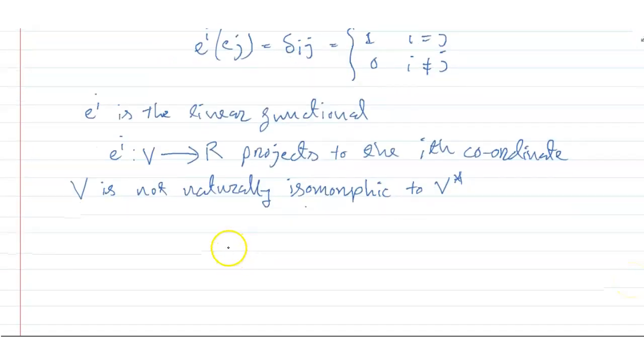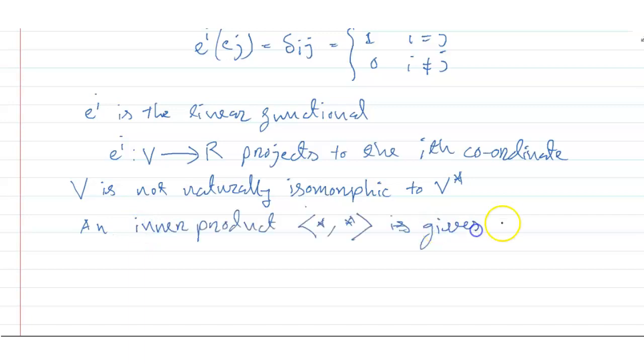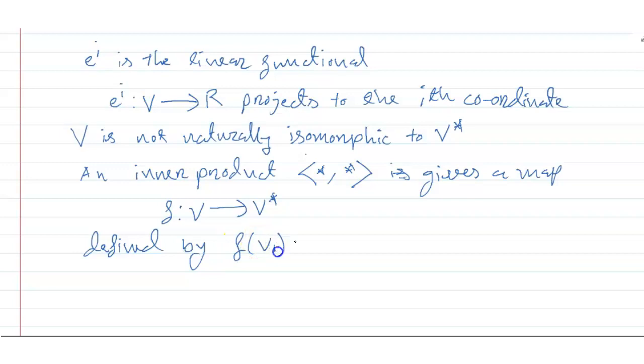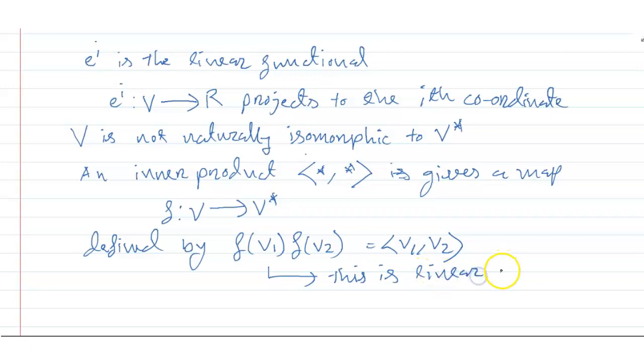An inner product gives a map from V to V star, defined by f(v1)(v2) equals the inner product of v1 and v2. This is a linear map.